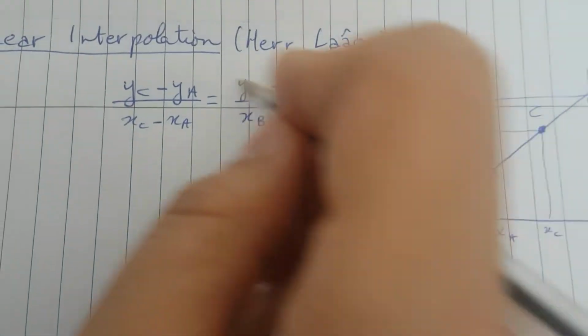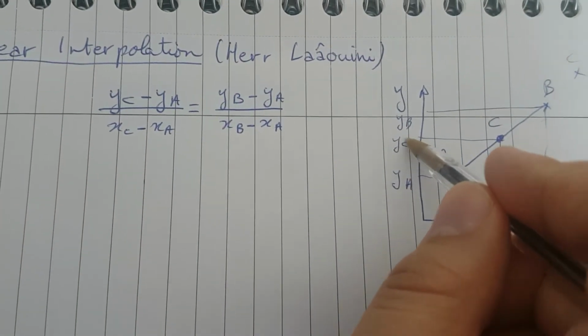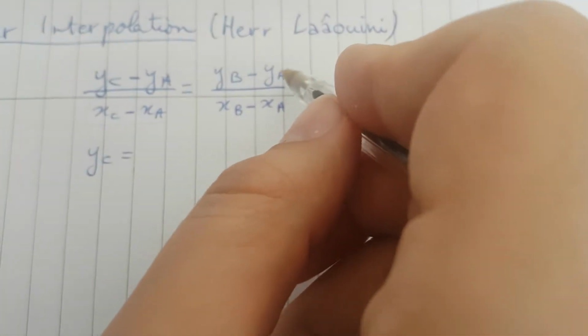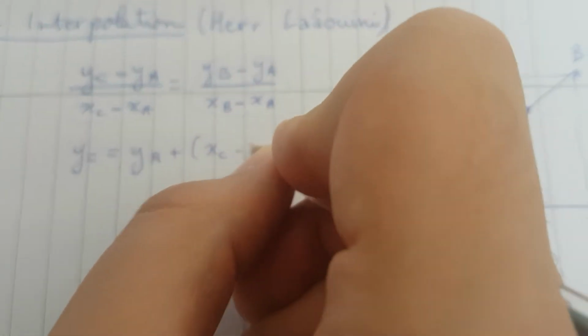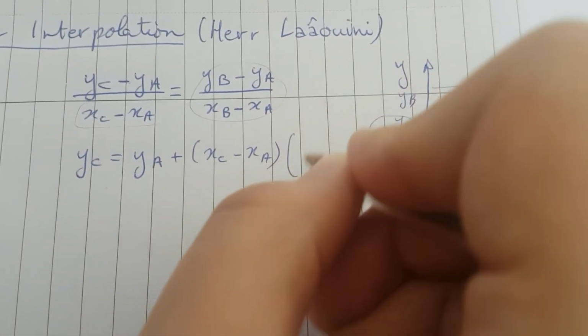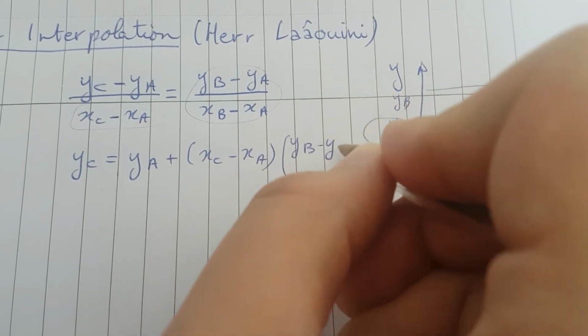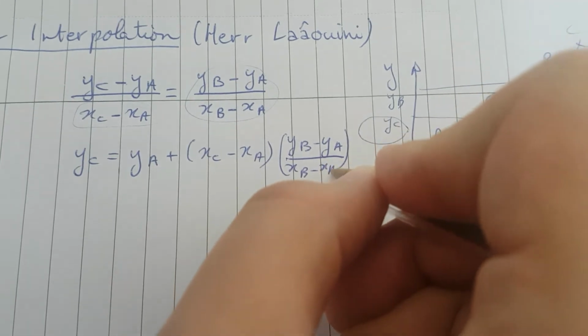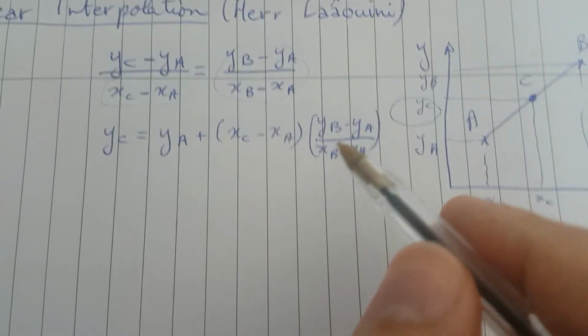Then we want to find yc, so from this equation I take yc out. I multiply this expression and take the ya to the other side. So yc is equal to ya plus xc minus xa times yb minus ya over xb minus xa. Okay, that is the equation that we are going to use.